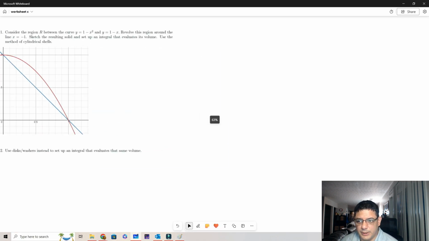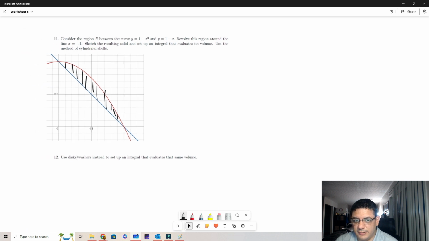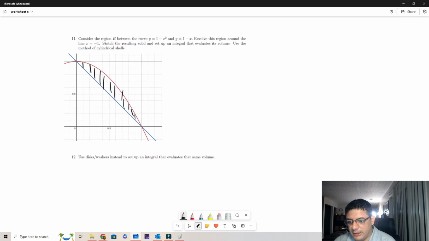Okay, so I'm using this, and of course the area that we want to use is this area that is in the middle here. Later, we're going to actually use -1 as an axis of revolution. So we're going to use the line x equals -1.